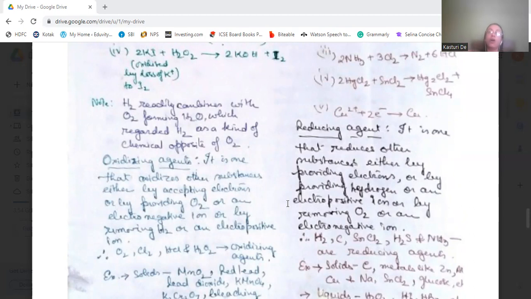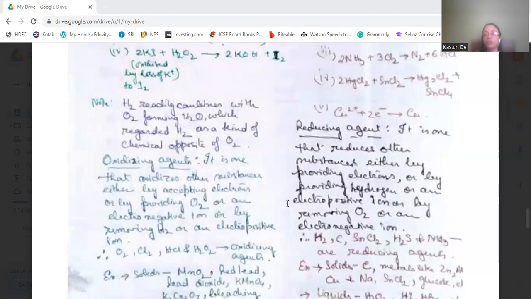Okay. Now, an oxidizing agent is one that oxidizes other substances either by accepting electrons, or by providing oxygen, or an electronegative ion, or by removing hydrogen, or an electropositive ion.